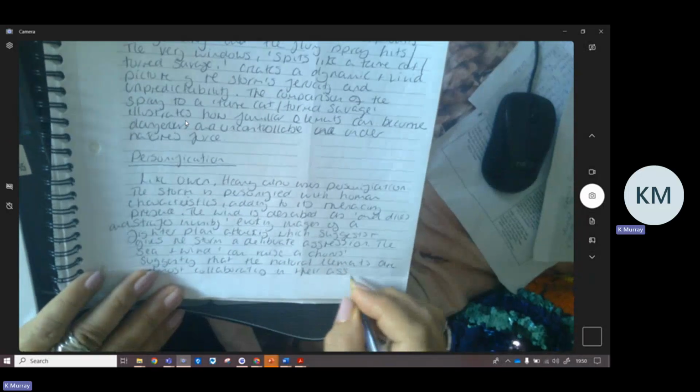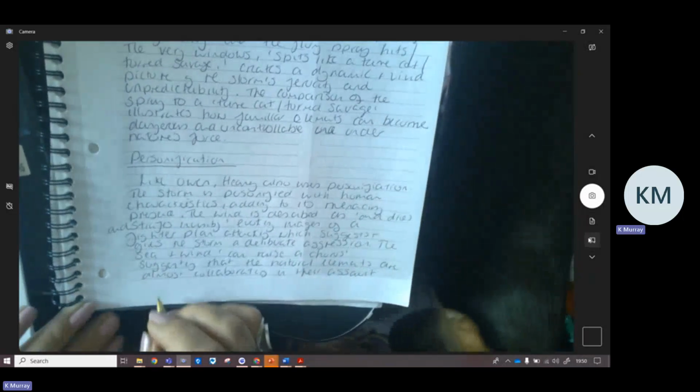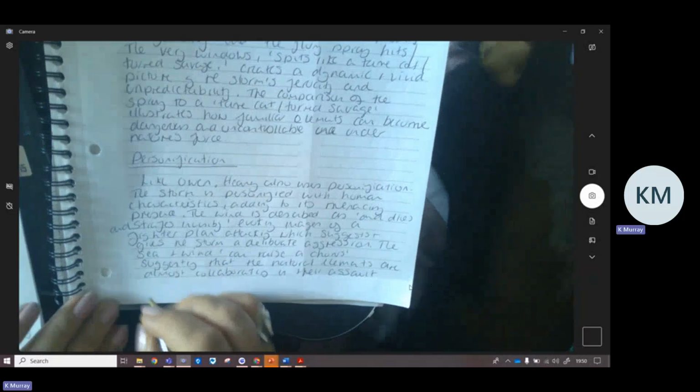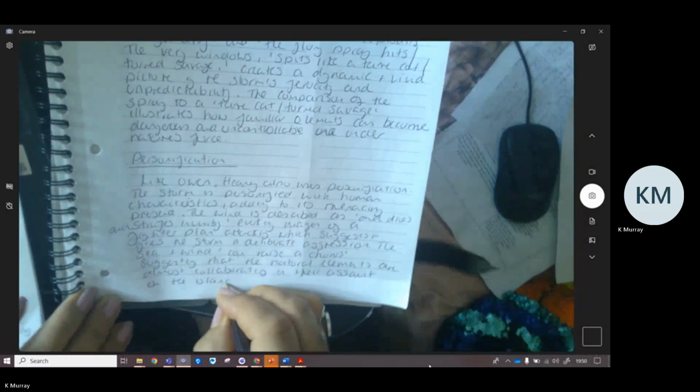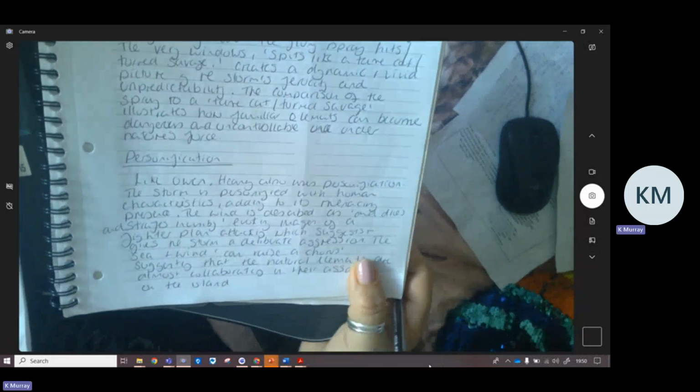They're all getting together to do it, aren't they? In their assault on the island. Okay, that's what the personification is doing, making it sound deliberate, which makes it appear even more dangerous, doesn't it?